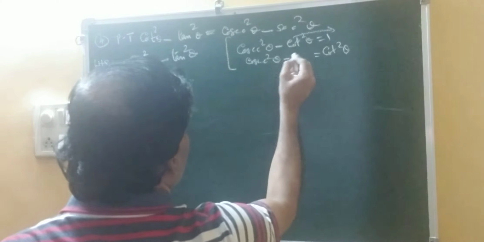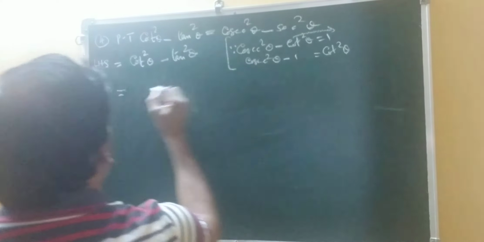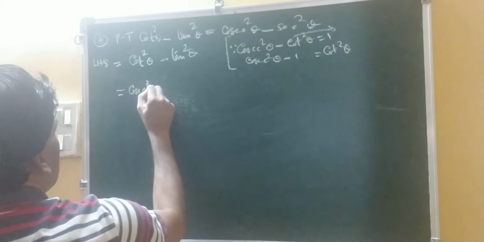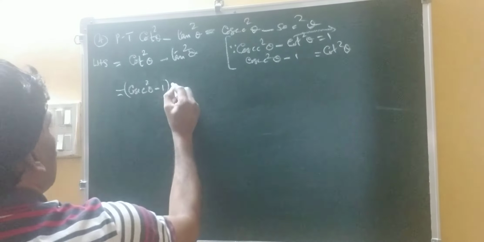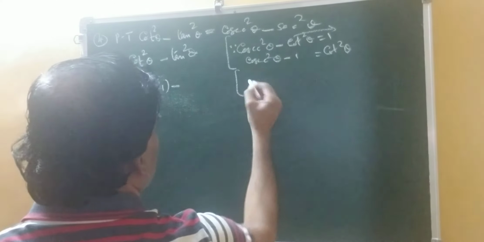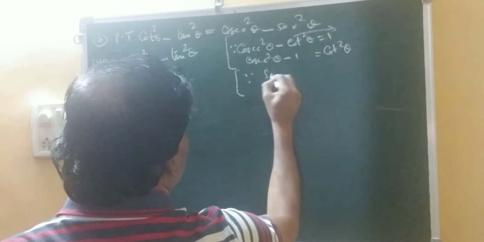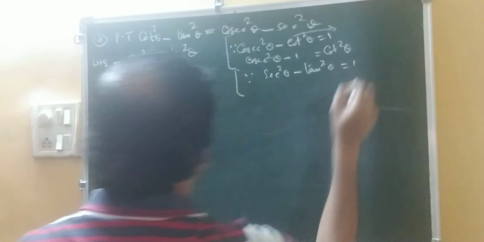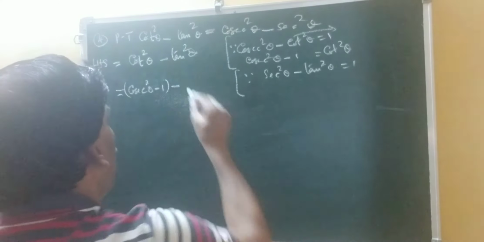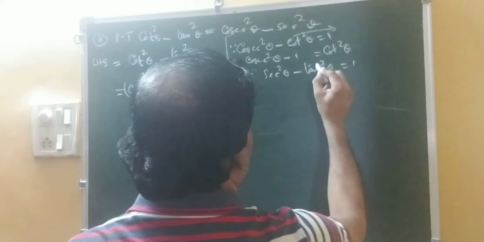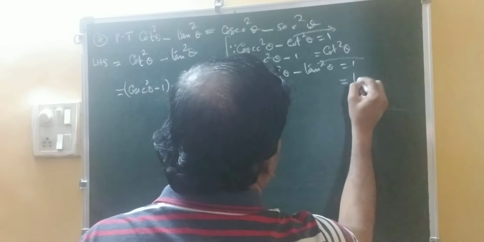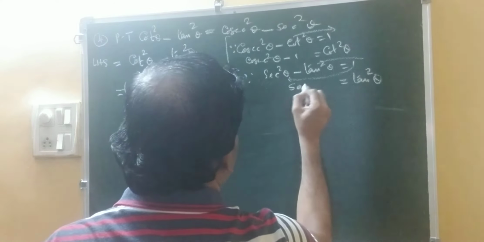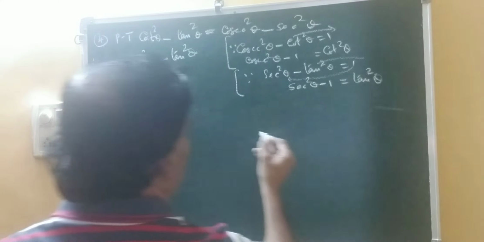Cosec square theta minus 1. So it is cosec square theta minus 1 minus. Now what is tan square theta? See, sec square theta minus tan square theta equal to 1. Now here what is that tan square theta? So this will come here. Tan square theta equal to sec square theta minus 1.